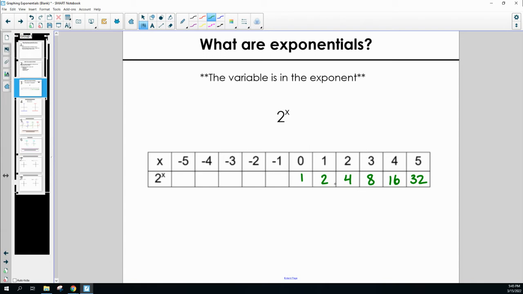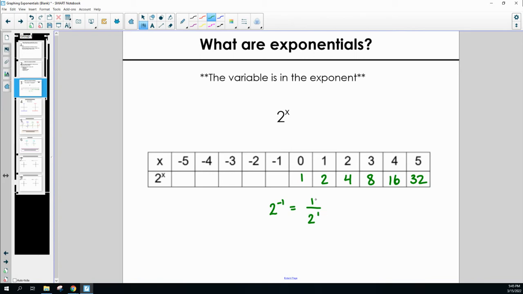increasing exponentially. When we go in the negative direction, so if we plug in -1 for x, 2 to the -1, if I have a negative exponent and we want it to become positive, we can bring it to the denominator. So 2 to the -1 is the same thing as saying 1 over 2 to the positive 1.